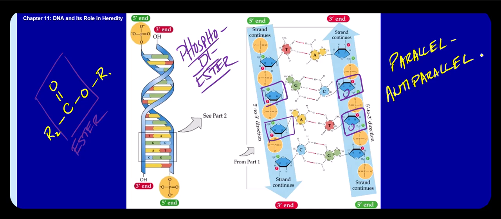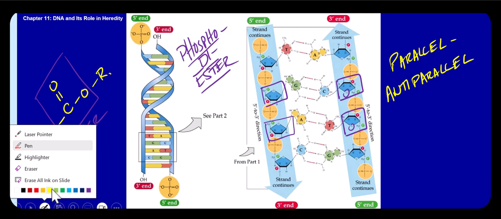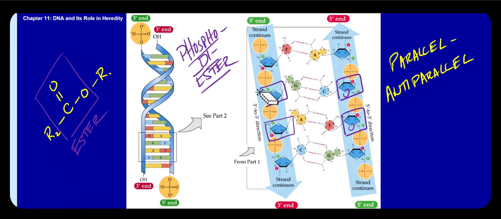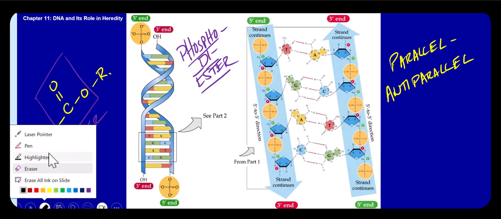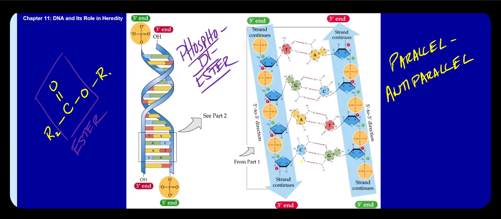So with that parallel, anti-parallel structure, there's a couple other things that you're going to notice. The molecule, of course, ends, and if you look at what carbon is the final one with nothing attached to it on one side, it's carbon 3. So that's our 3' end. The other side is carbon 5. Phosphate doesn't count. It's the attacher.